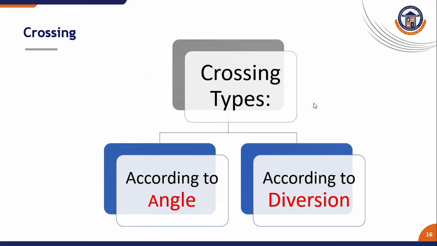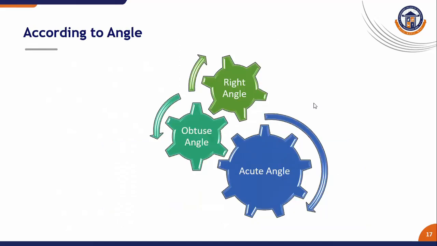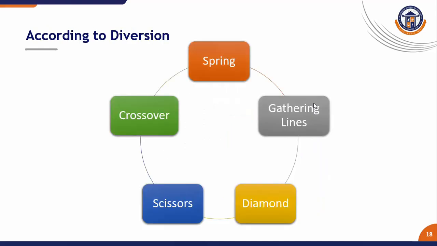According to angle, three different types of angles are shown in the figure. First one is acute angle, second one is obtuse angle, and third one is right angle. According to the angle, the design is carried out for the functioning of the rail.